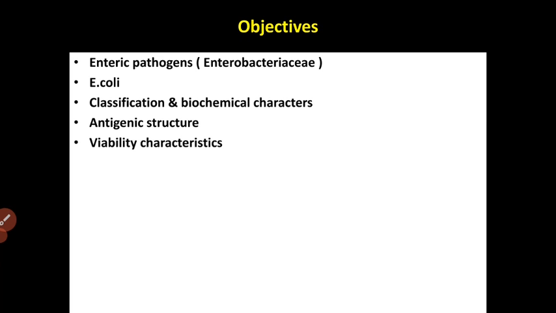Their size ranges 2 to 3 into 0.4 to 0.6 micrometers with rounded ends and ferment glucose with production of acid or of acid and gas. Fine. Now let's move ahead.